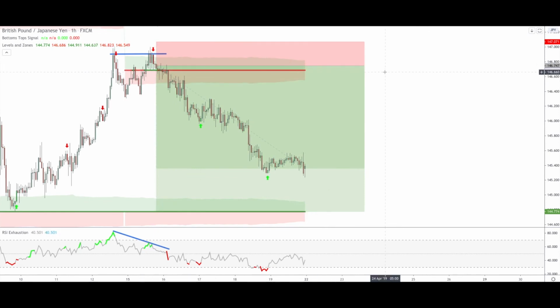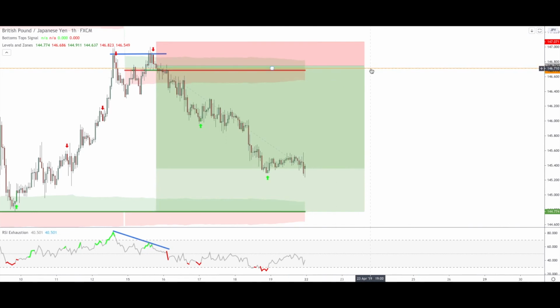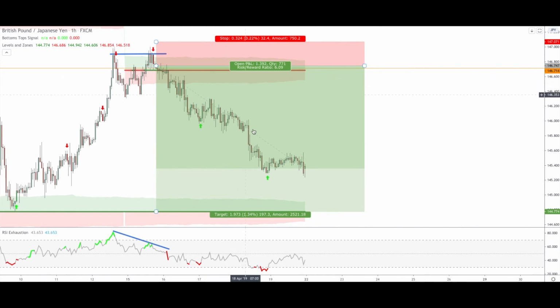The thing that I did, which I forgot to mention before, was to move my stop loss to break even. Initially, when the price was here, I moved it just above this resistance line, because I said, well, if the price wants to come back up, it will probably retest maybe the sell zone here and maybe this resistance, but it will not reach my break-even point, so I will still be involved in this trade, which I was expecting to go lower.